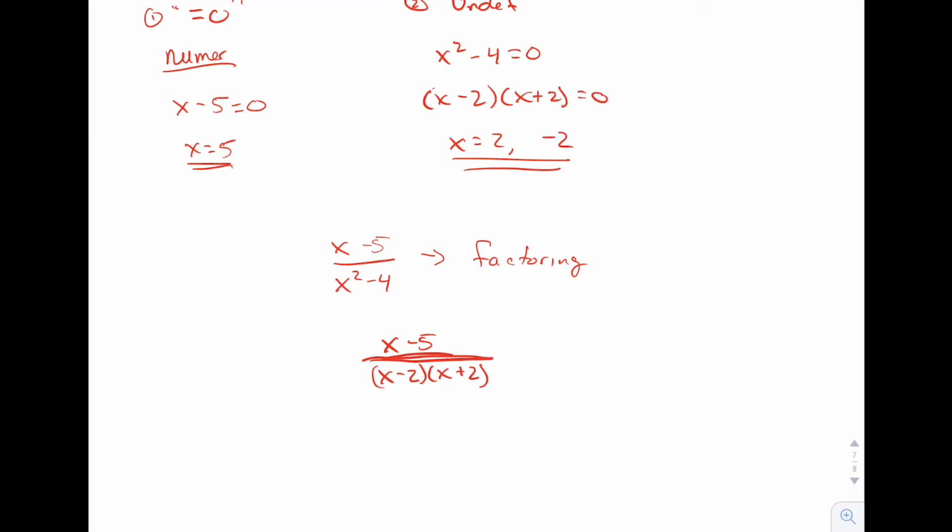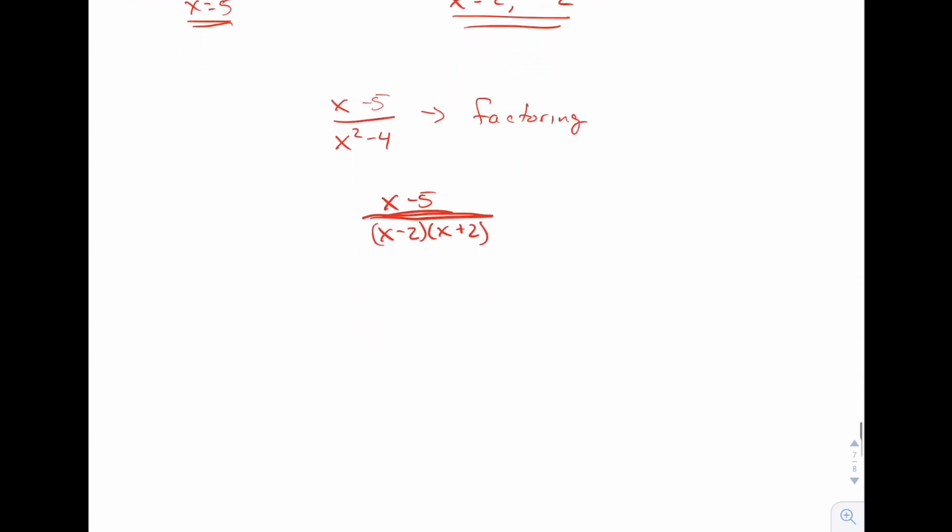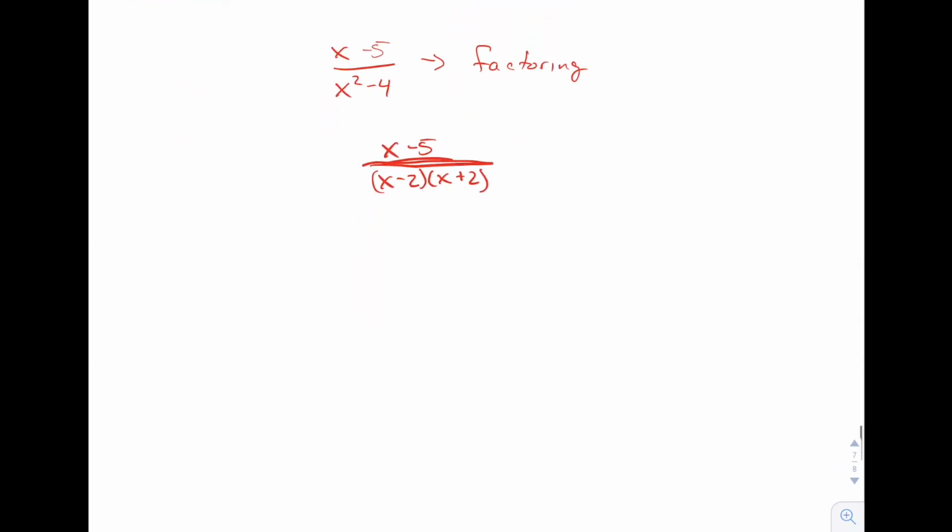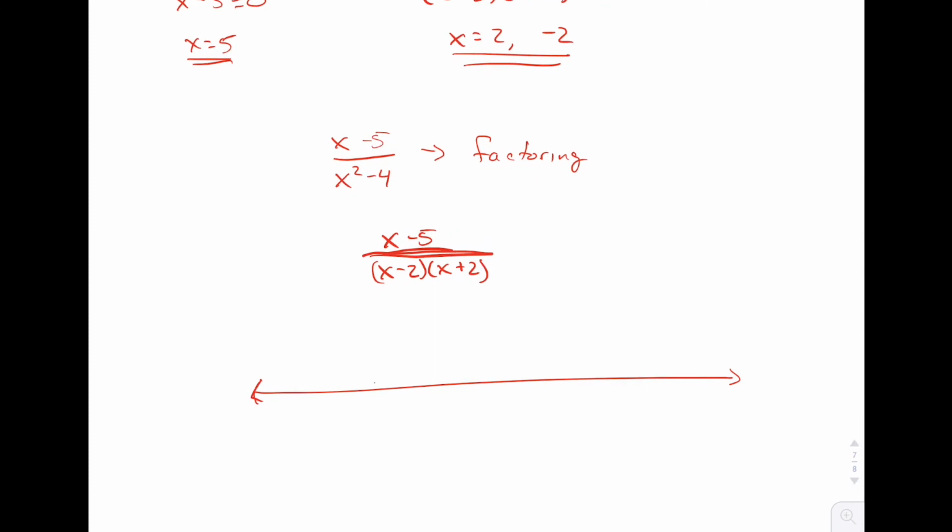What we want to remember is that the way we solve the quadratic inequalities is by factoring first. So when I look at this, I'll put my number line down. This time I have 3 points: negative 2, 2, and 5. I always want to put my undefined points down.